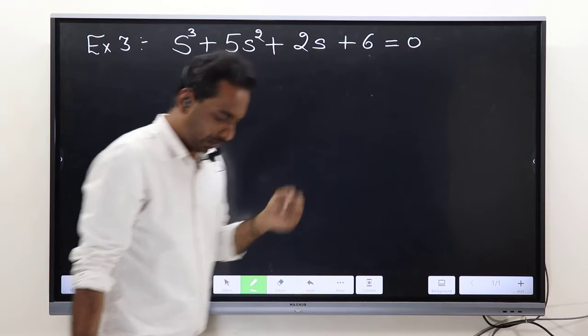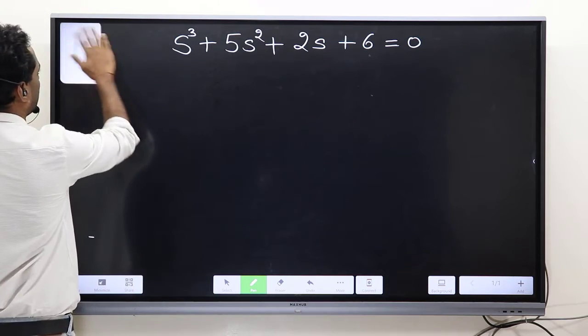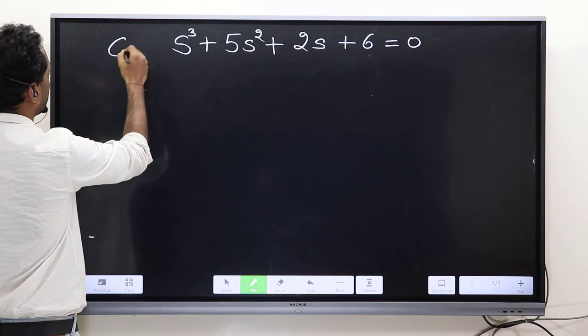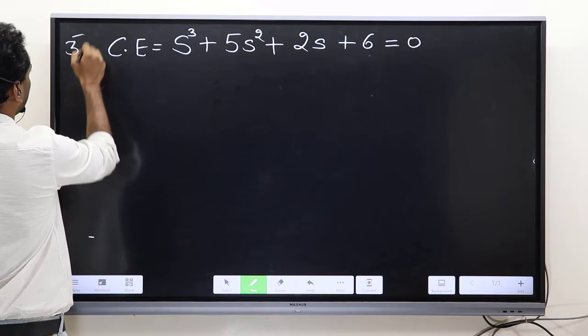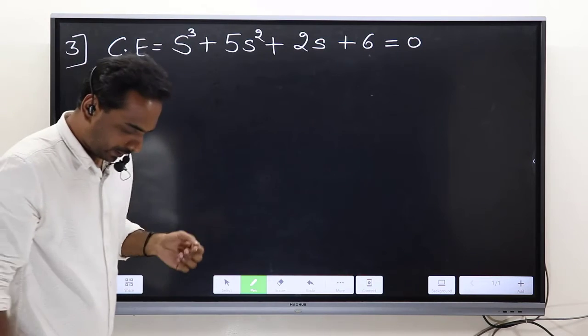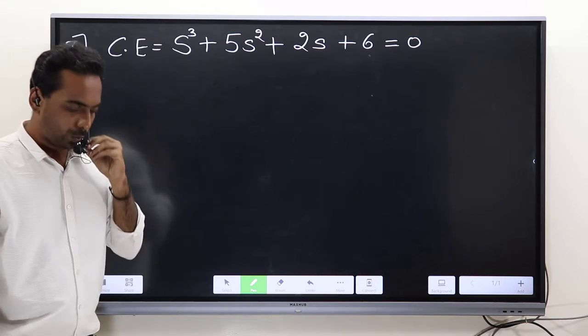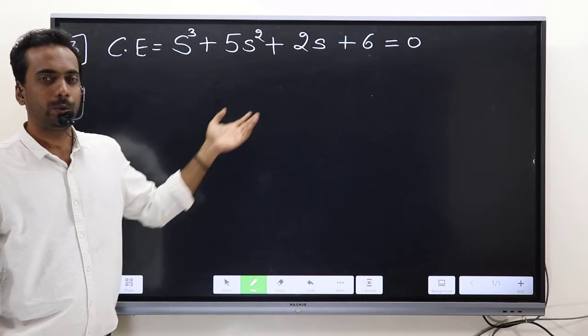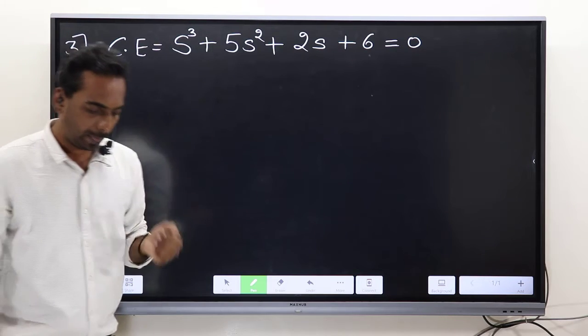Again the same question, comment upon the stability. This is nothing but the characteristic equation, CE लिखो, CE. This is the third example. So CE क्या है? s cube plus 5s square plus 2s plus 6 is equal to 0, and the question is comment upon stability.